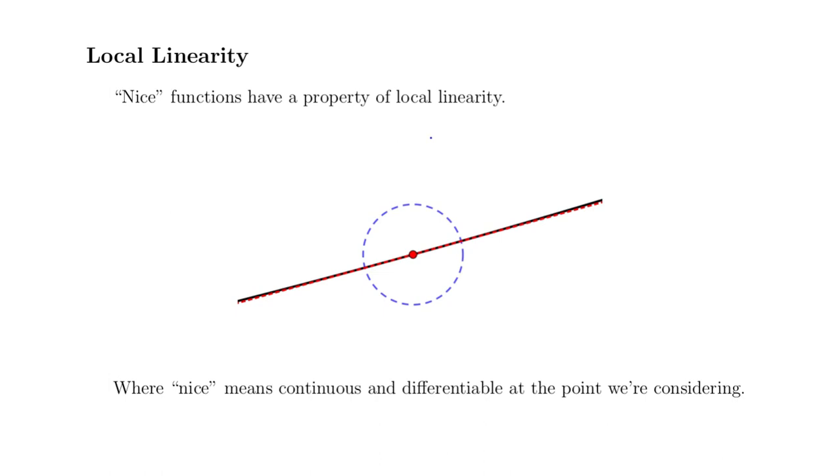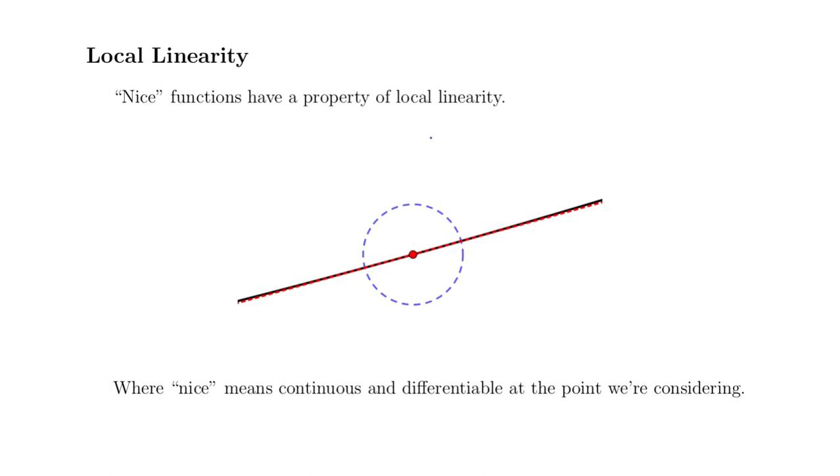So this is what local linearity means. In a small, localized area around a point, that's what I'm representing with these little circles here, these little kind of neighborhoods around a point, every function is close to linear. Now, really not every function. Every nice function is close to linear. And what I'm going to say here is that what nice means is continuous and differentiable.